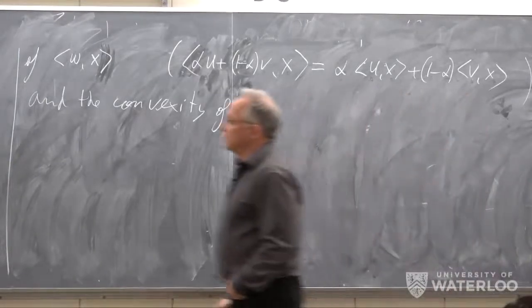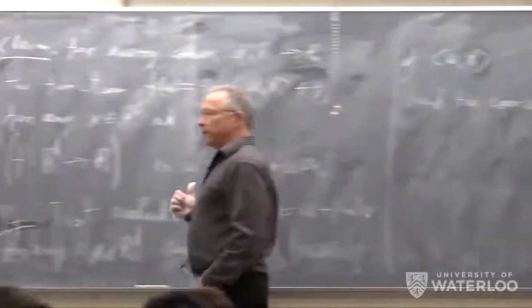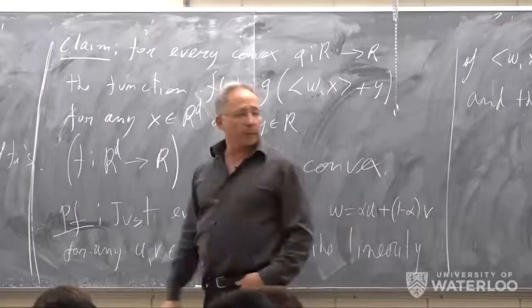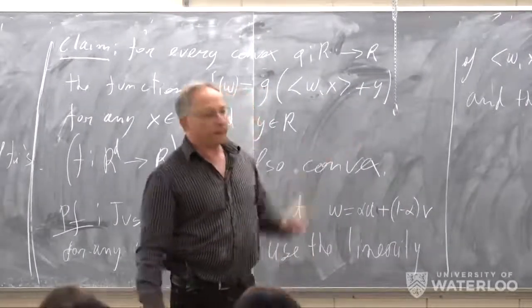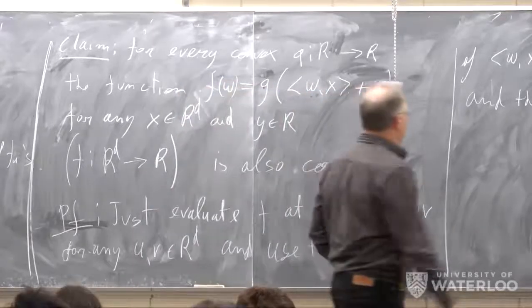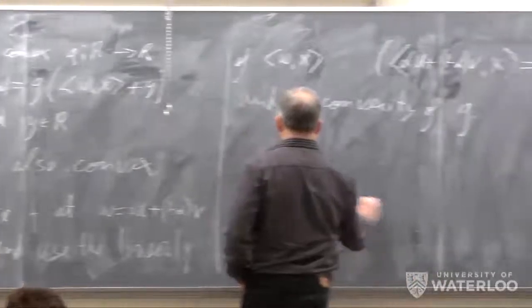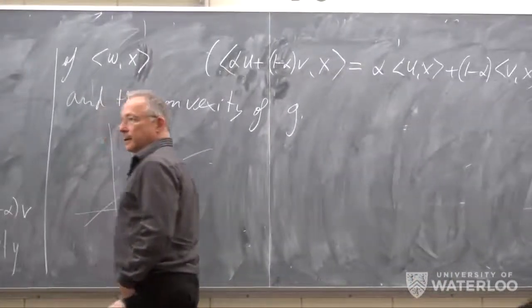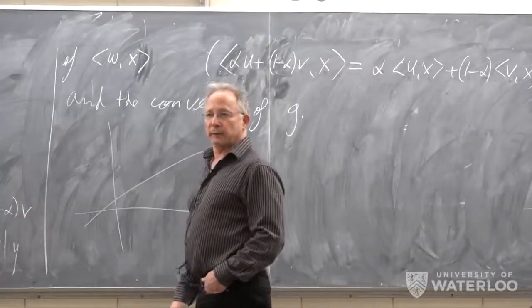Okay, so why do I care about this function? We will see in a minute. This function is interesting because if we are doing regression, then this is kind of the loss that we are looking at.